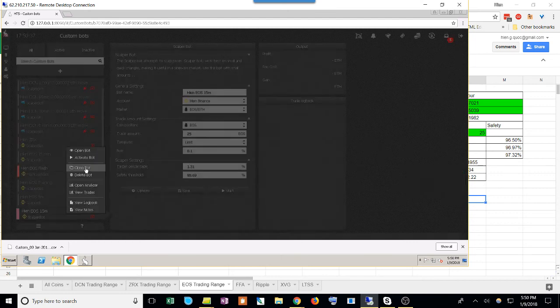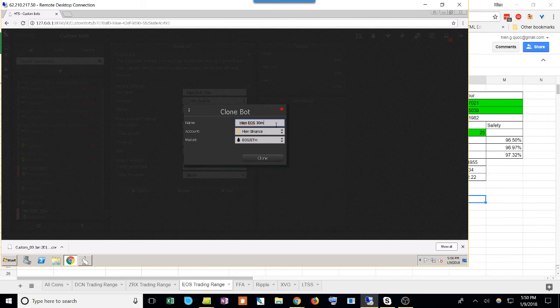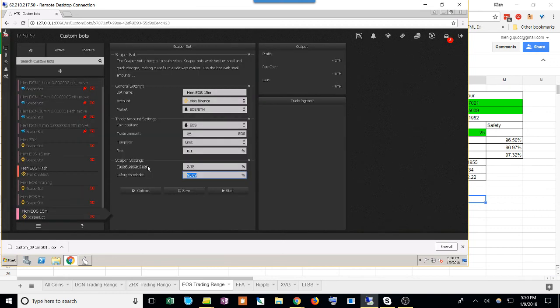Clone it, and then I have 2.75 for that swing, and loss of 97.25.